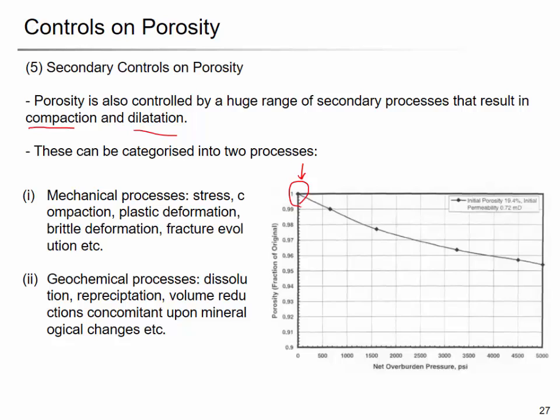And as you recover and recreate the stress, you have a decrease in porosity, right? So you can see that it can decrease to 5%. I don't know what the rock is. I think it's a sandstone with an initial porosity of 19%. And under the overburden pressure of 5,000 psi, you have a decrease in porosity by 5%.